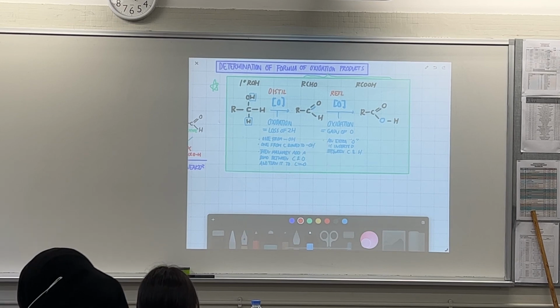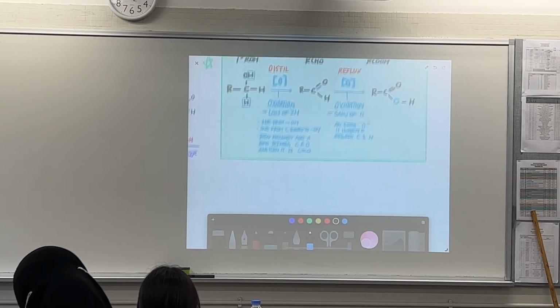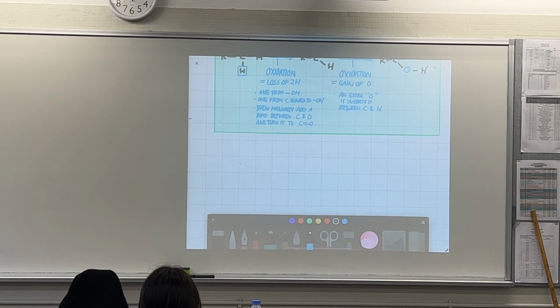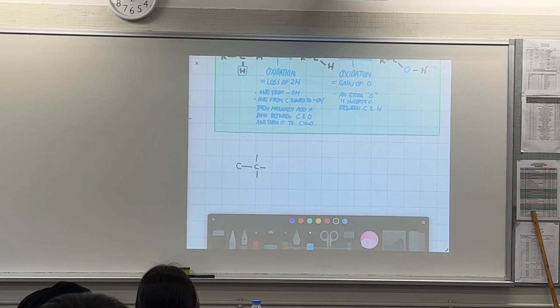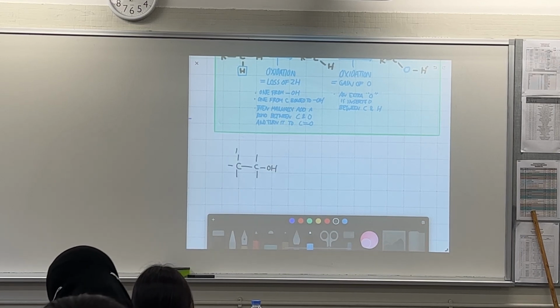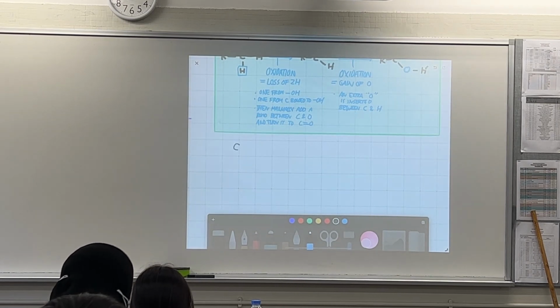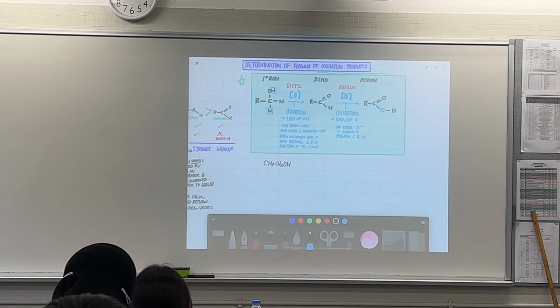Let me give you this example. Let's start with something easier first. CH3CH2OH. This is ethanol. Can you predict the product of oxidation when I distill ethanol compared to when I reflux ethanol?